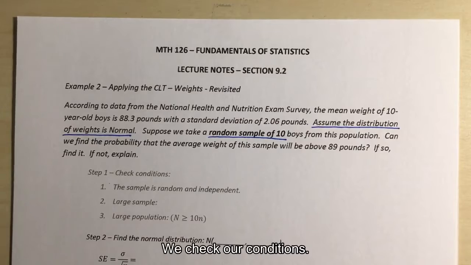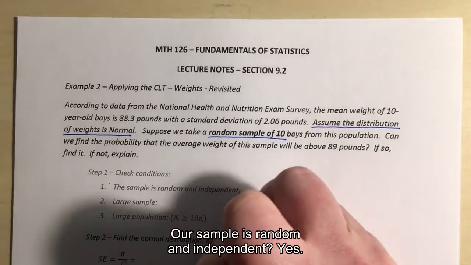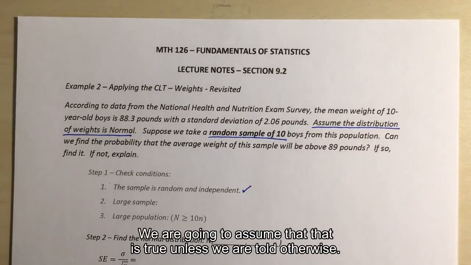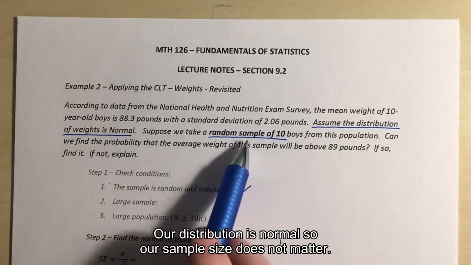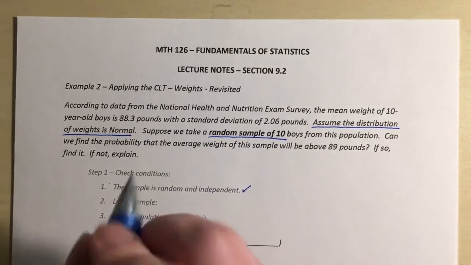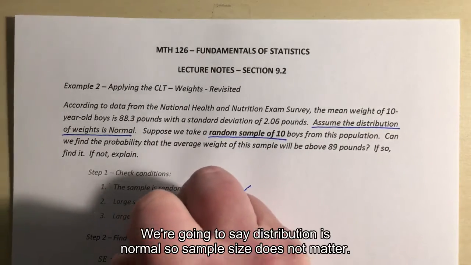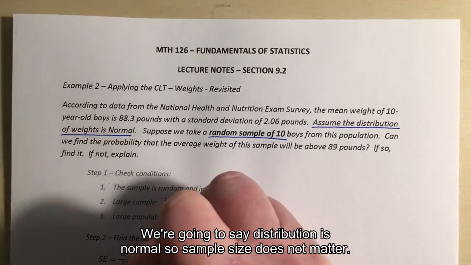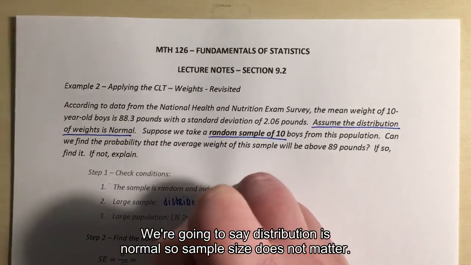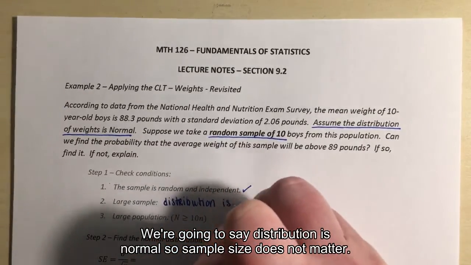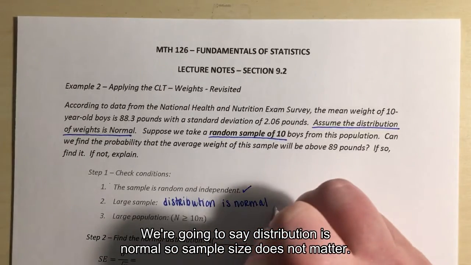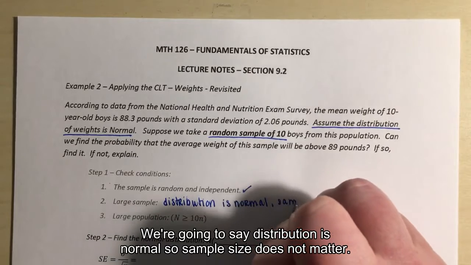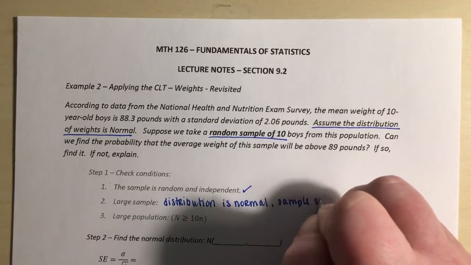Right? So we check our conditions. Our sample is random and independent. Yes, we are going to assume that that is true unless we are told otherwise. Our distribution is normal, so our sample size does not matter.